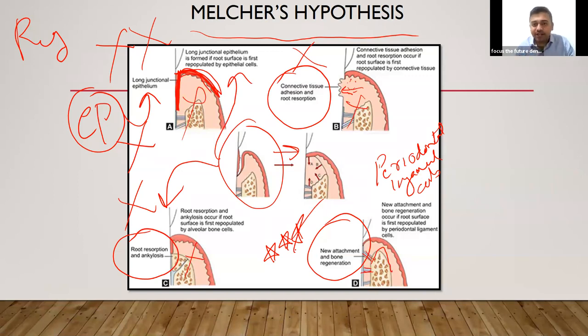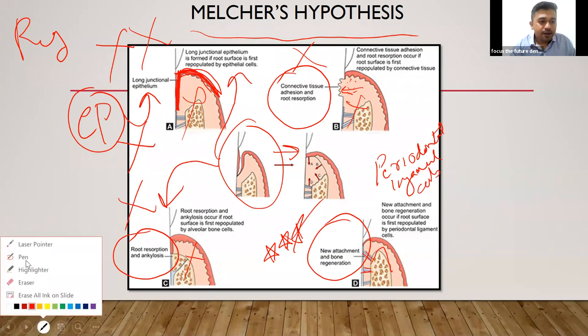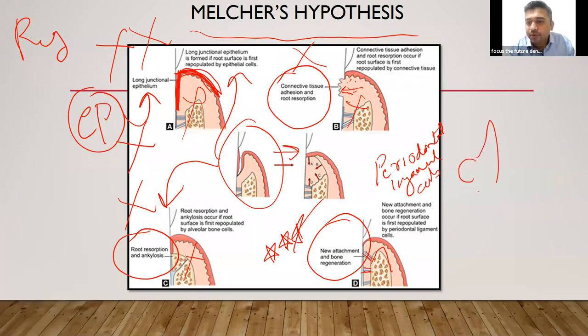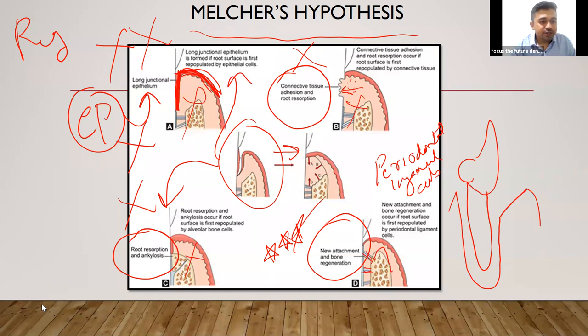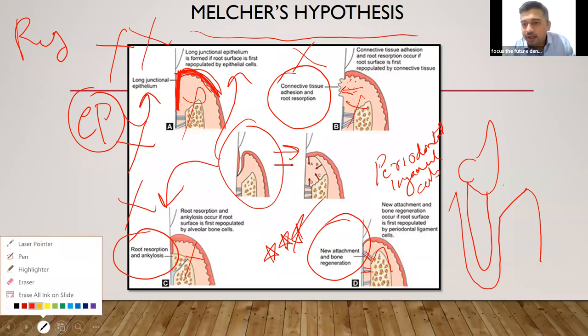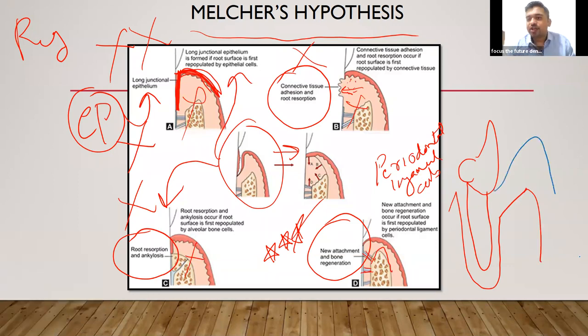So in regeneration, let me put it in a simple way. For a periodontal wound to heal, let me draw it like this. This is your alveolar bone. Let me change the color. And this is your gingiva.